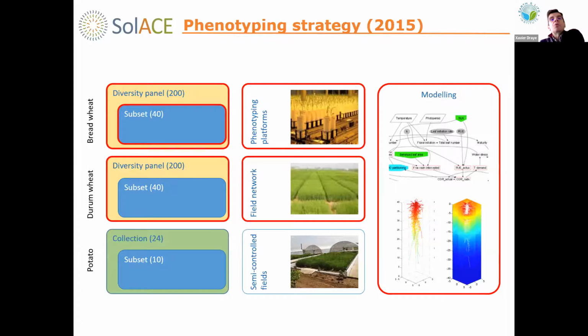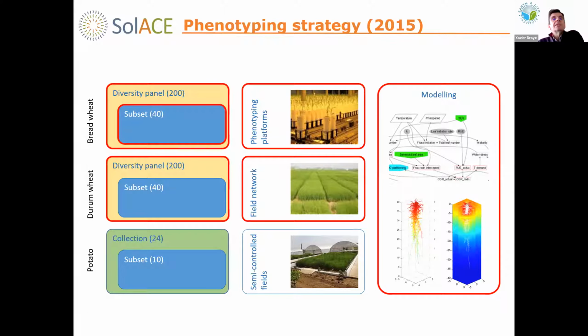These 2 panels have been intensively phenotyped using state-of-the-art phenotyping platforms available in Europe. They were also grown in the field in a small field network. We had 4 to 6 trials depending on the species. This was generating a lot of data, and we knew it.